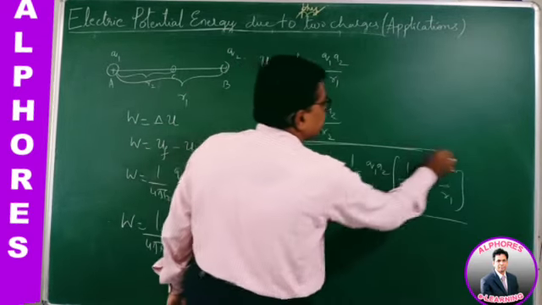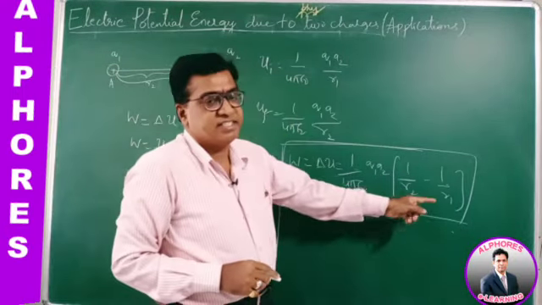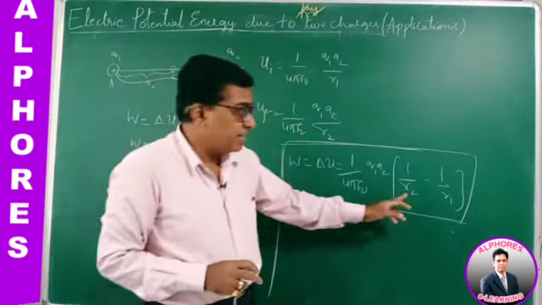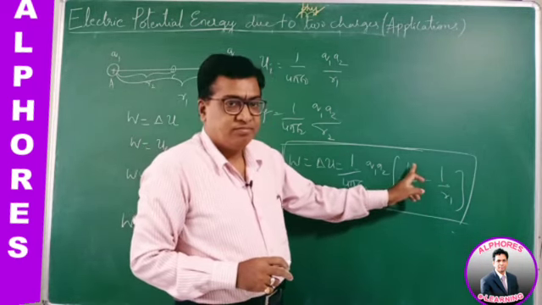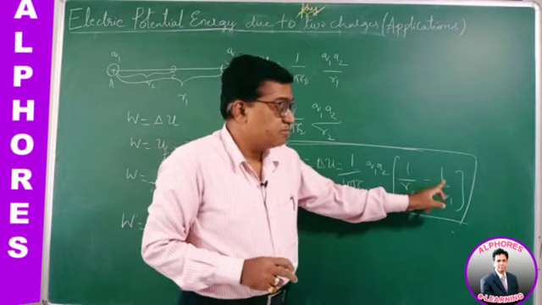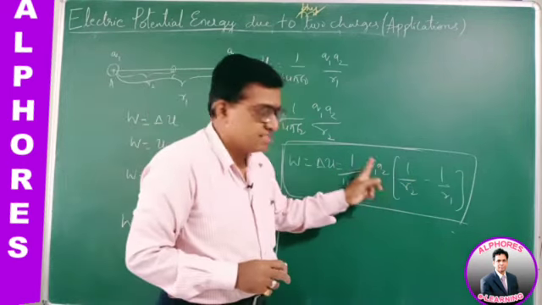This is final distance minus initial distance. If the final distance is less, then this value will be more. Greater value minus smaller value, so potential energy increases for like charges.